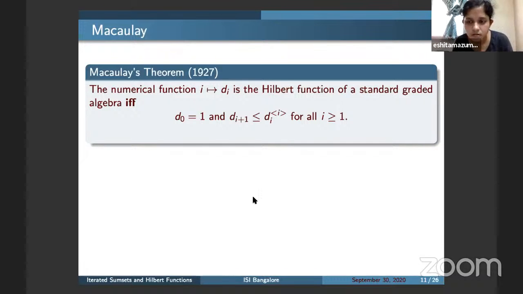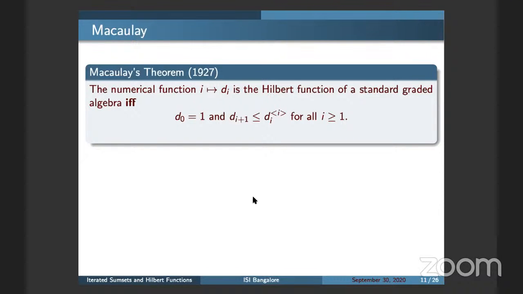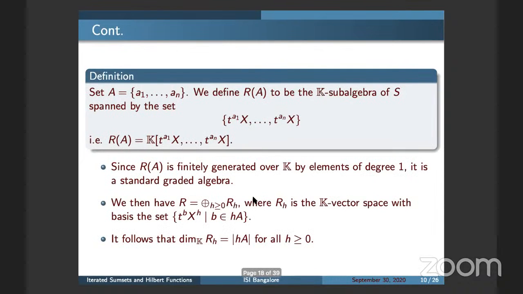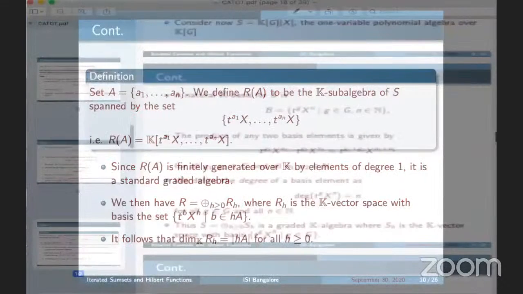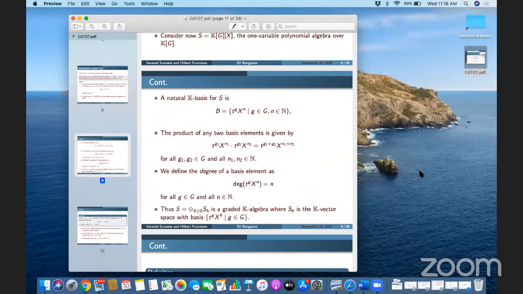Can you tell me which slide number you are on?